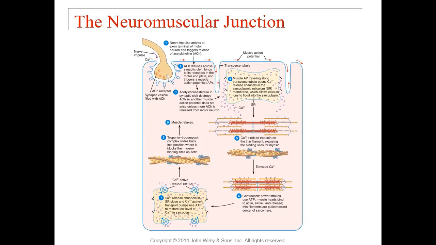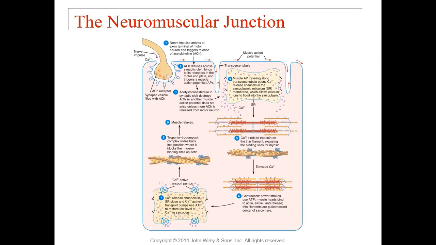Then step 2 is acetylcholine will then diffuse across the synaptic cleft and bind receptors on the motor end plate. And then that will trigger step 3, which is when your muscle cell will depolarize and generate its own action potential, which will travel along the entire plasma membrane, aka sarcolemma, and down a T-tubule to trigger the release of calcium from your sarcoplasmic reticulum.